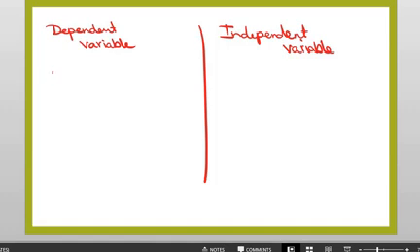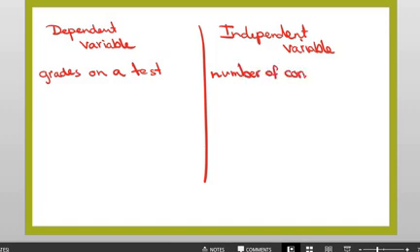So, grades on a test is controlled by what? Number of correct answers. What else?